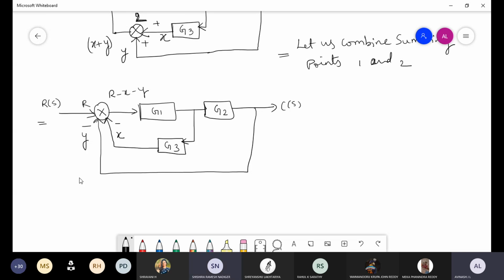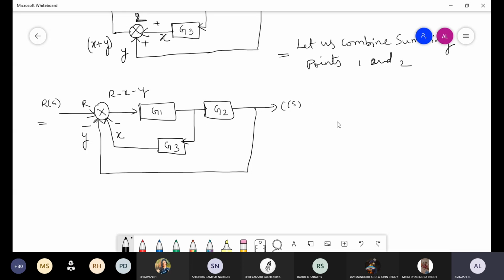Sir, can you repeat, sir? What should I repeat? The question or just the previous step? Question. Okay. So now I just asked that once we combine the summing points, can we consider anything in the latest diagram? Are there any blocks which are in parallel, series, or feedback?